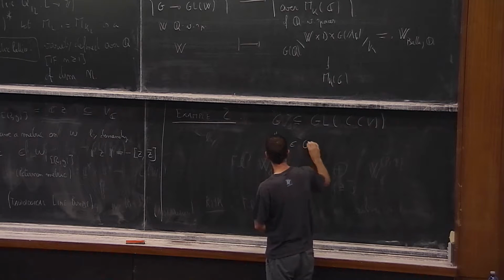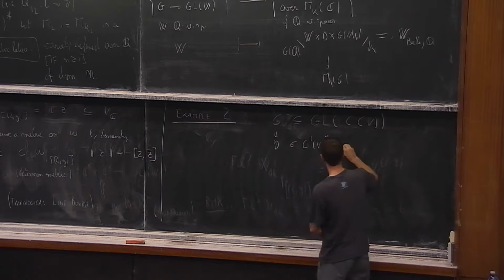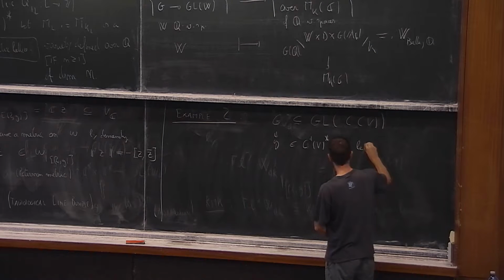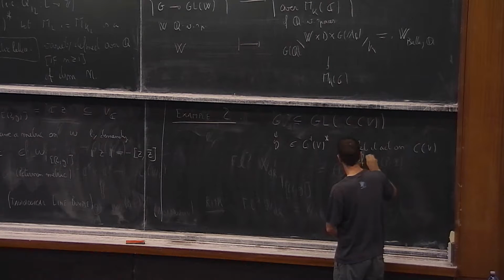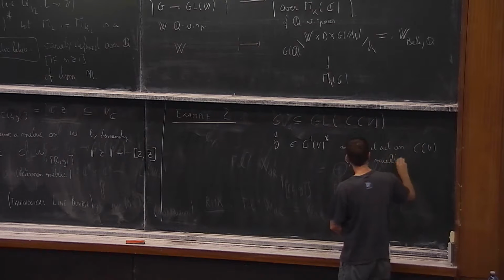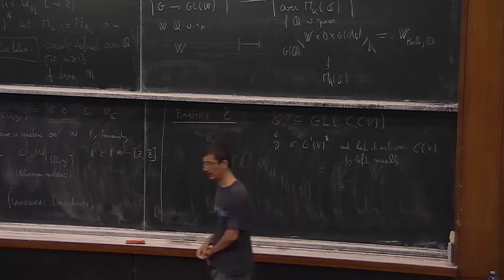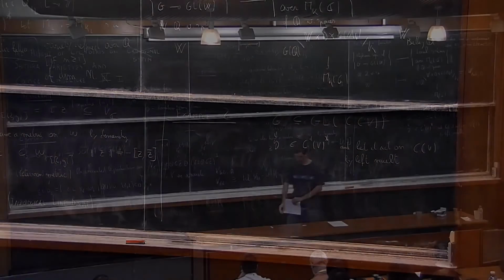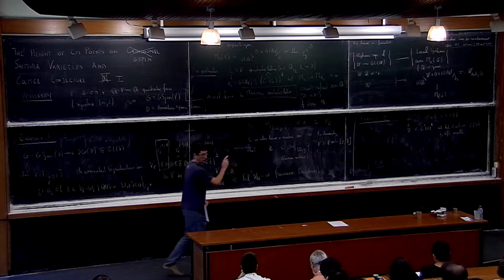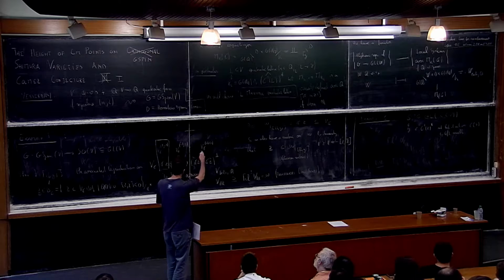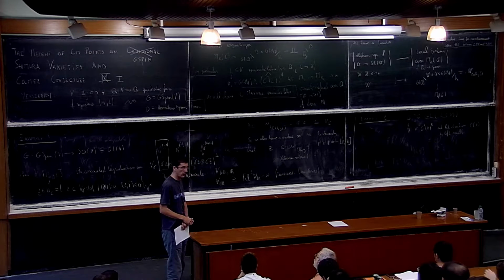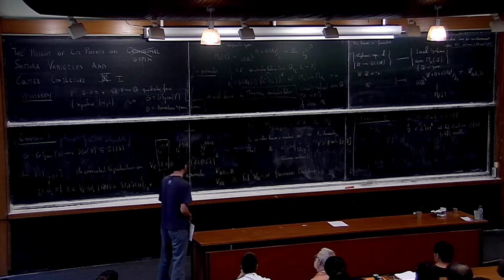I view it inside C plus V star and let it act on C of V by left multiplication. Okay? So I have another nice representation W, to which I can apply my machinery and see what kind of local system I get. Okay?